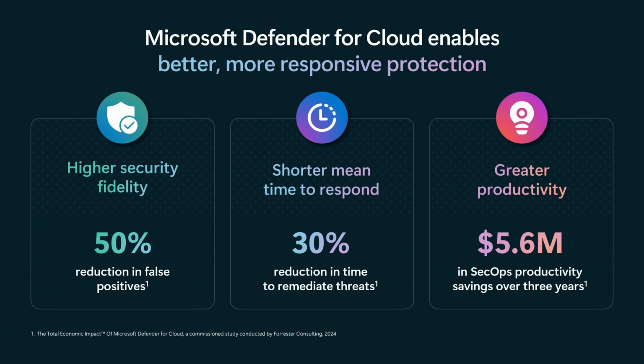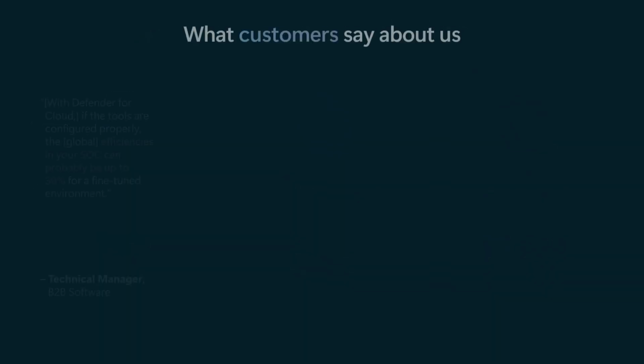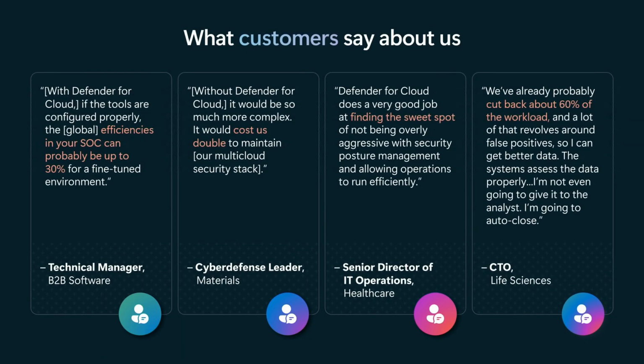I'm not saying this. This is coming from a respectable analyst firm, Forrester. They did the analysis, they talked to many of our customers, and they brought those numbers. They also brought a couple of quotes from customers. This is what customers are saying about the experience, about the product that we just presented.